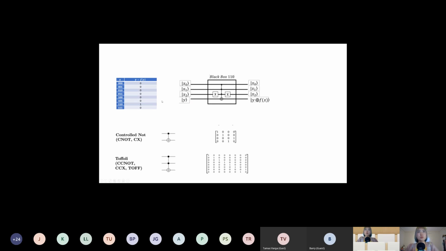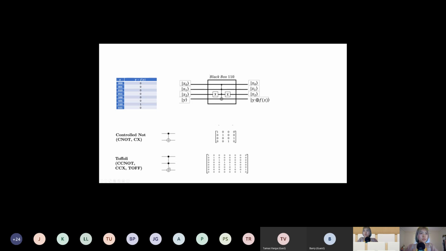In order to build a black box that would pick out 110, we need to construct controlled gates. If you remember, the controlled NOT gate just involves 2 qubits, and the first one is the control, the second one is the target. And only when the first one is 1, the second one would flip from 0 to 1 or from 1 to 0.